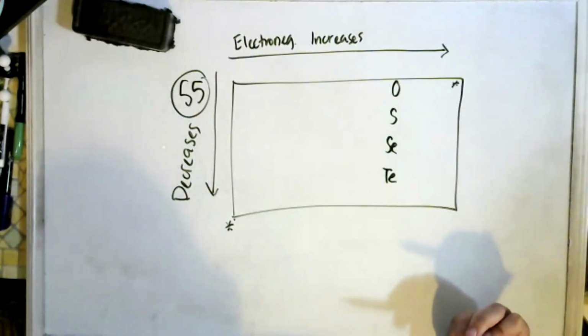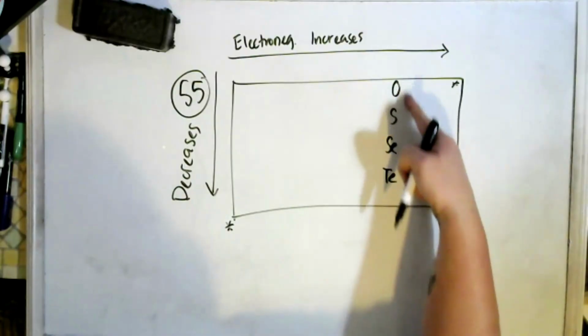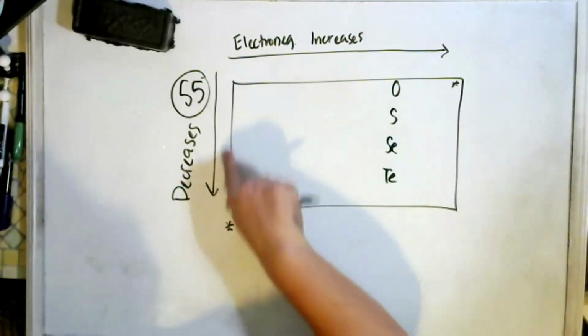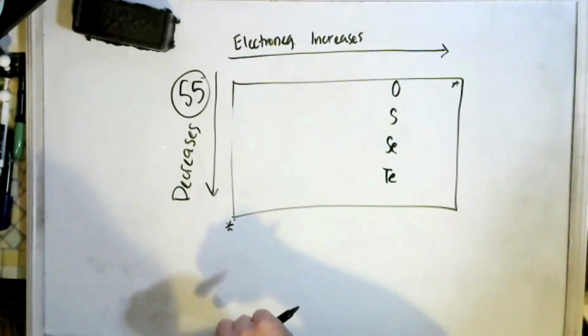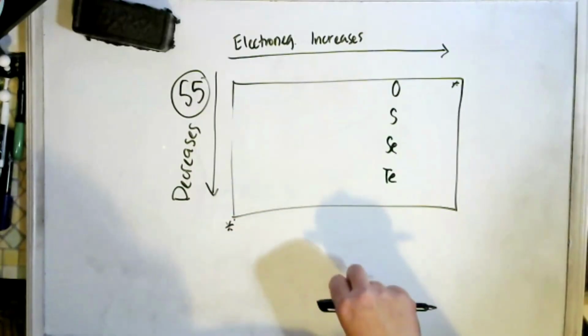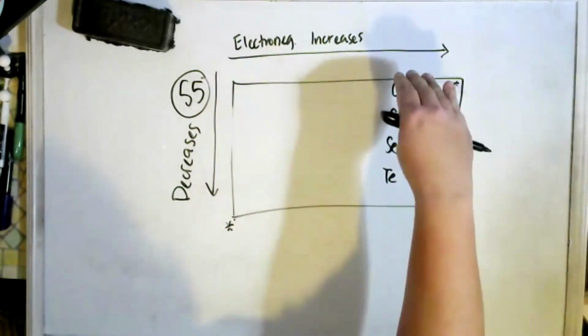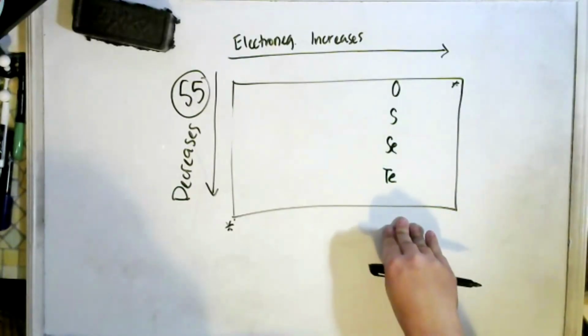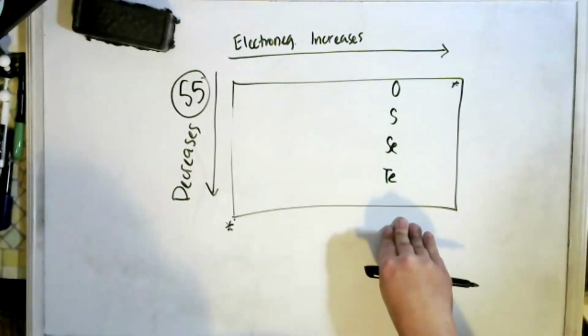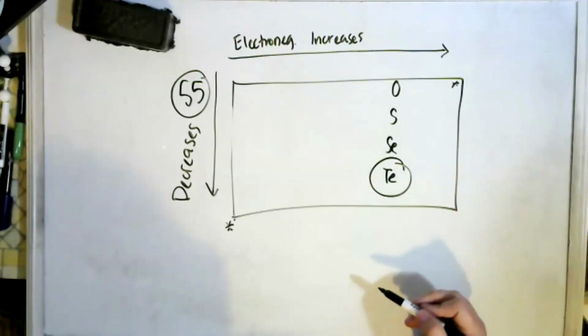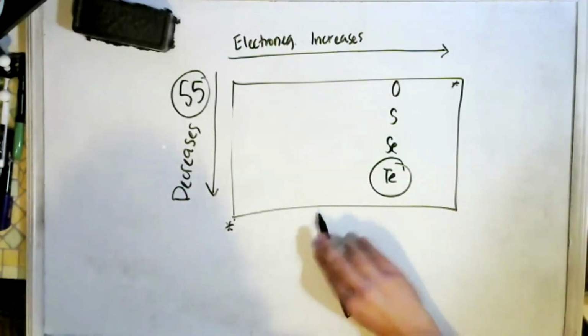Because we're working in a column, we focus on the up-down relationship. Higher electronegativity is up top, and lower electronegativity is towards the bottom. So this will be our least electronegative out of those options.